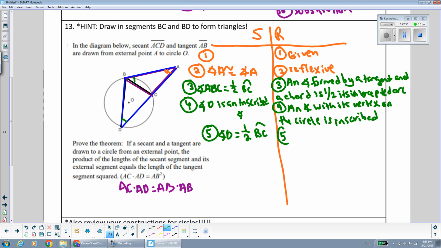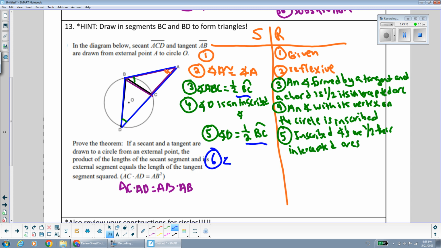And I'm going to put the reason why. Inscribed angles are half their intercepted arcs.